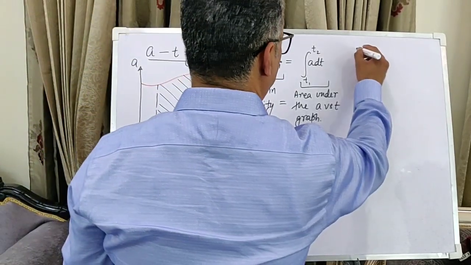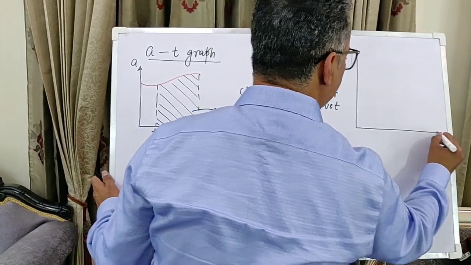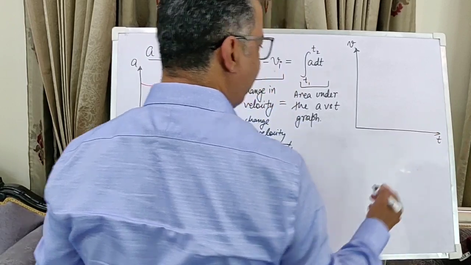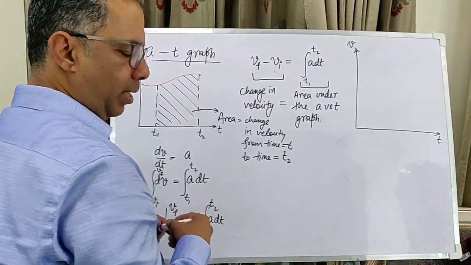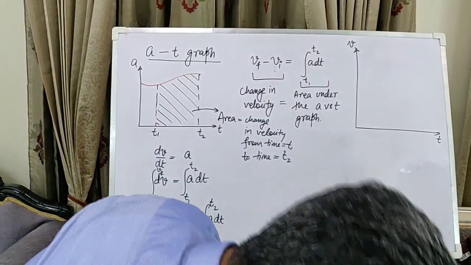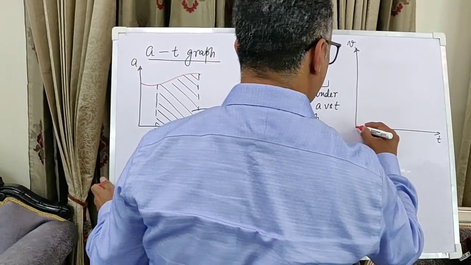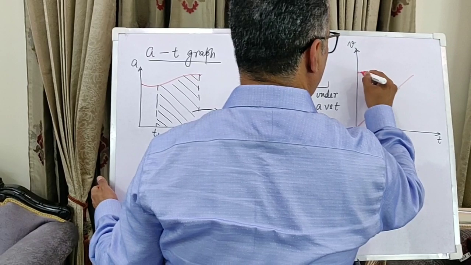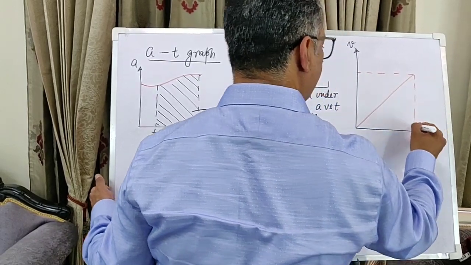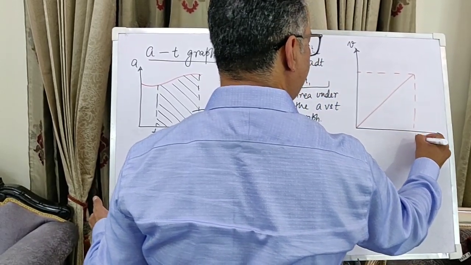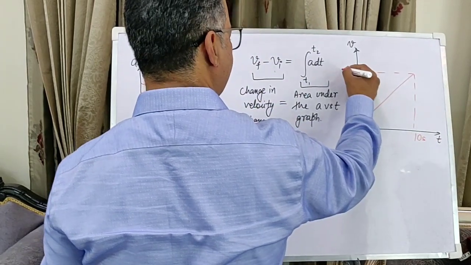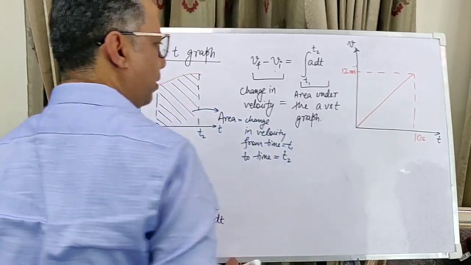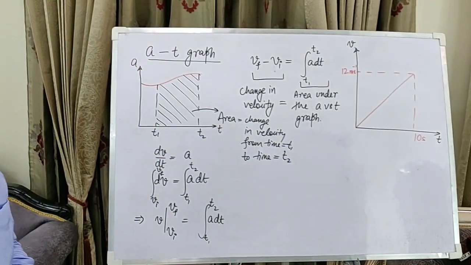Let's say in a particular motion we are given the graph, and the graph looks like this. It's a straight line, and we are told that at time equal to 10 seconds the acceleration is 12 meter per second square.